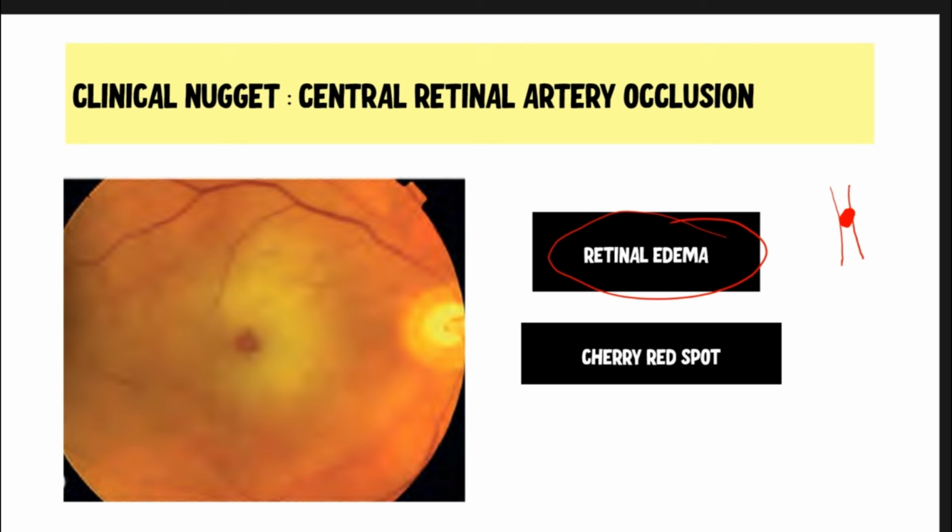However, as we discussed, the central part of the retina or the fovea is basically supplied by the choroidal circulation, and in central retinal artery occlusion the choroidal circulation is normal, right?